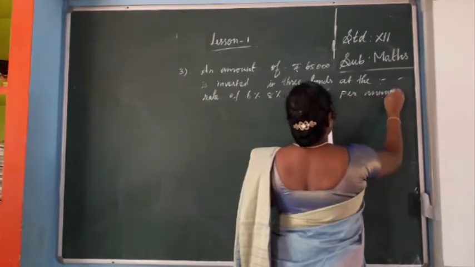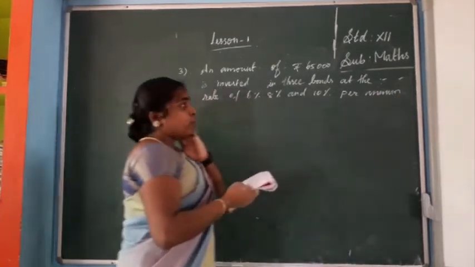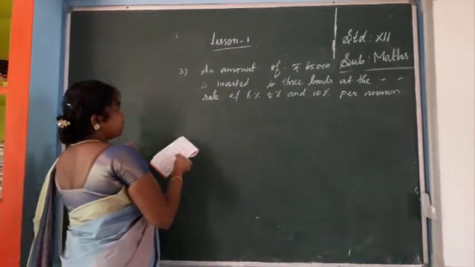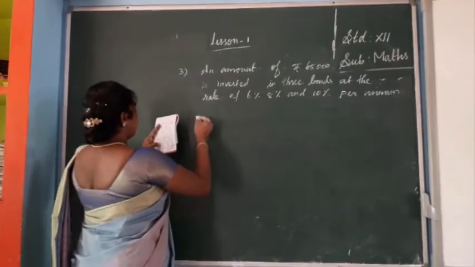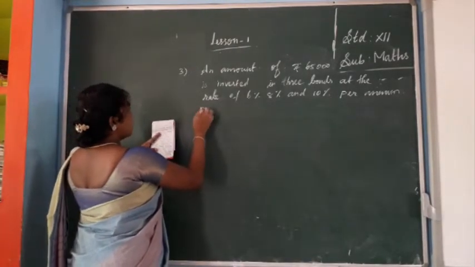So this problem also I will just explain the conditions and you have to calculate. Otherwise we won't get time to finish the portion. So you can do this problem as well.